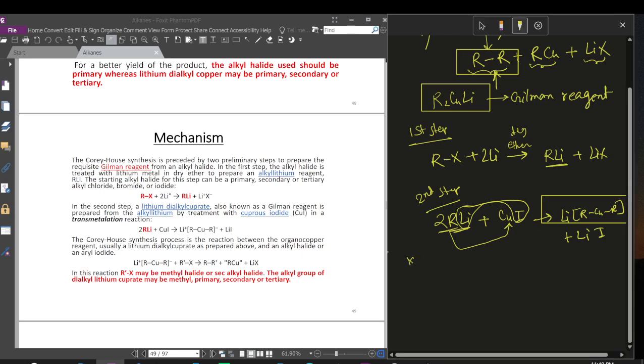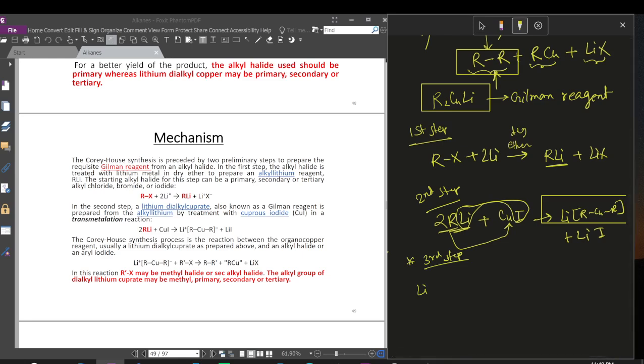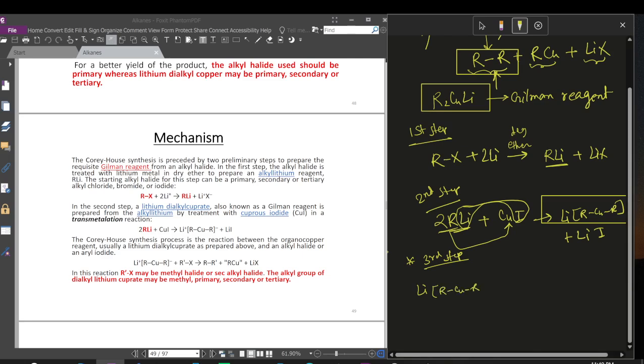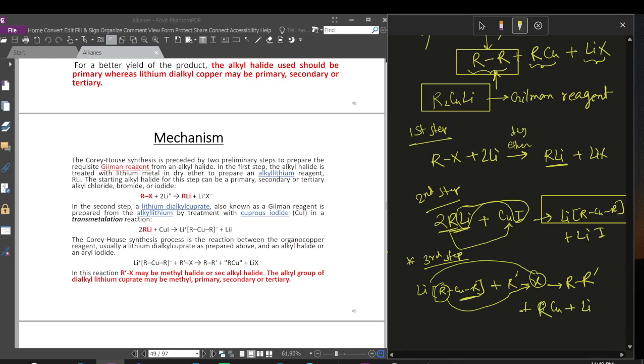Now if you want to produce the alkane in this last step, the lithium dialkyl cuprate, R2CuLi, if you react it with the alkyl halide RX, this will form R-R'. Actually, the alkyl group replaces the X, so this will form R-R' plus RCu, plus LiX, lithium halide.